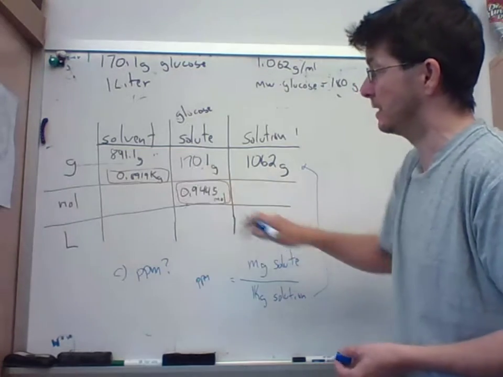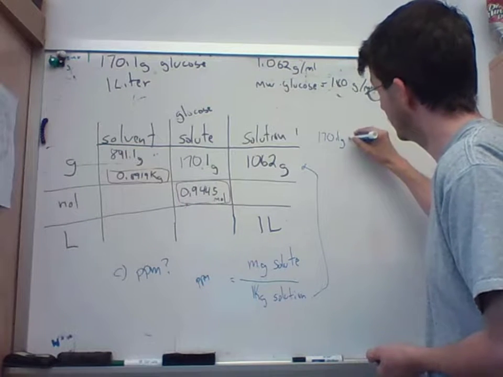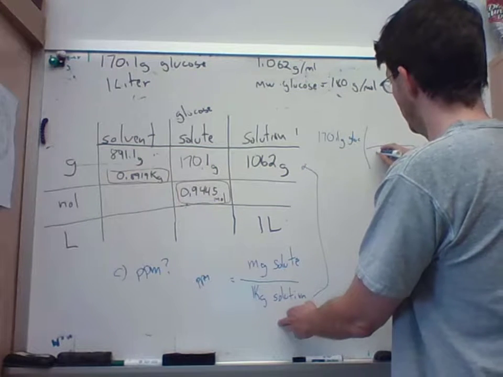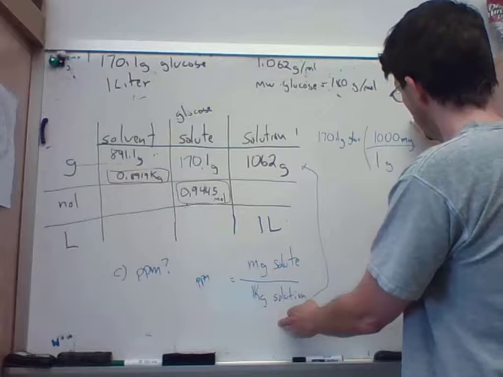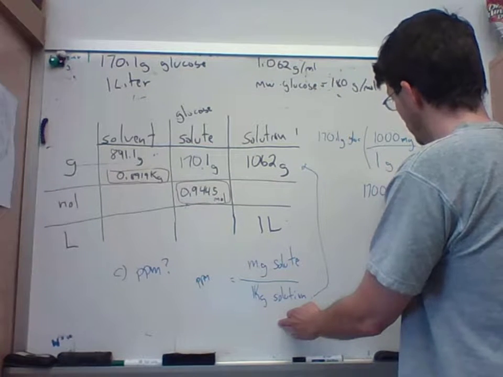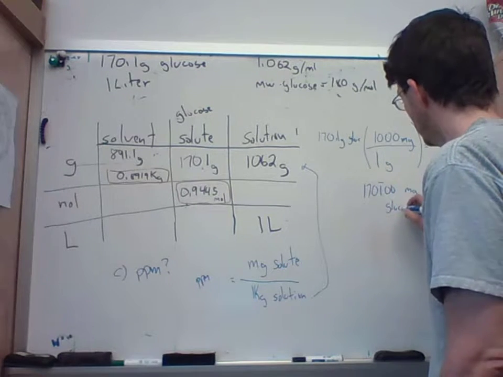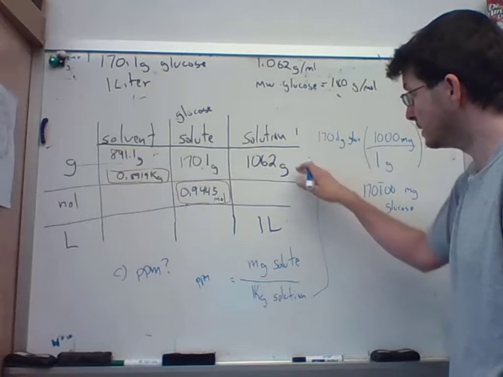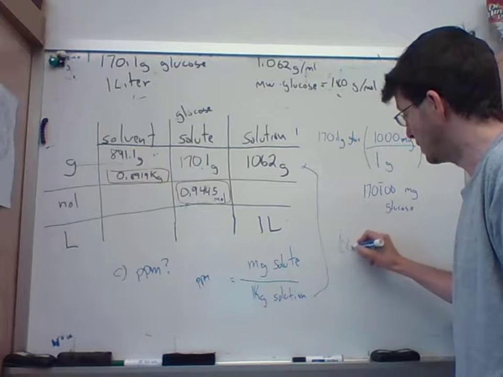The only drawback is that this is in grams. 170.1 grams of glucose. And then using our conversion, we know that for every 1 gram, that's 1,000 milligrams. It says that there are 170,100 milligrams of glucose in 1,062 grams, which we need to convert to kilograms.